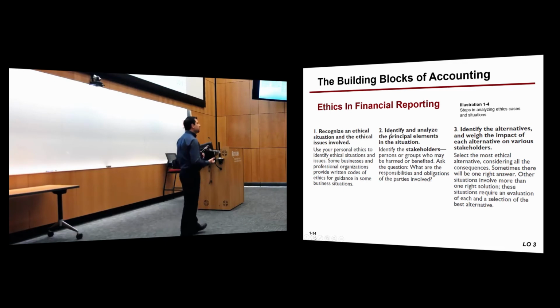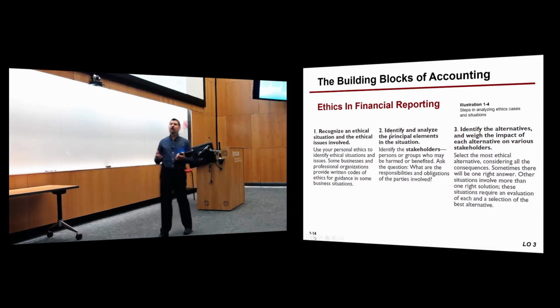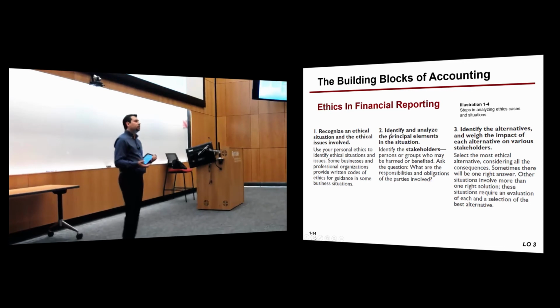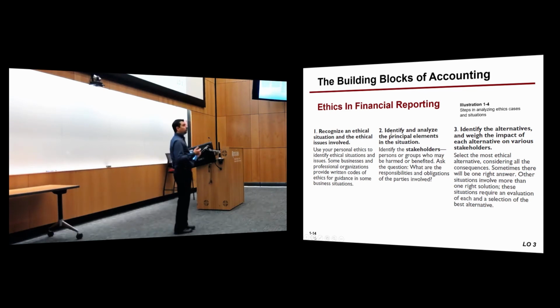And this is what happens with business. It's not always clear what you need to do. So you have to identify who's involved, and then you have to weigh the alternatives. What would happen if I go with alternative 1? What would happen if I go with alternative 2?